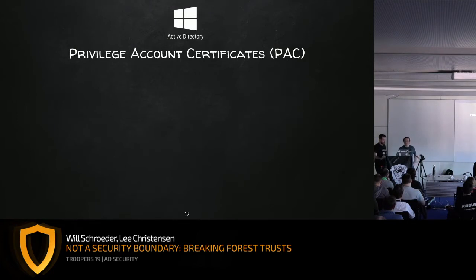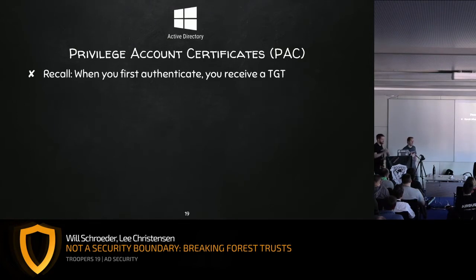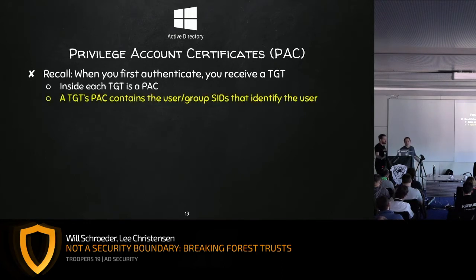Like we mentioned before, when you authenticate, you get a ticket granting ticket. Inside of that ticket granting ticket is the privileged account certificate, the PAC. The PAC inside of the TGT contains information about who the user is and the groups that user is a part of, and that's made possible through security identifiers.